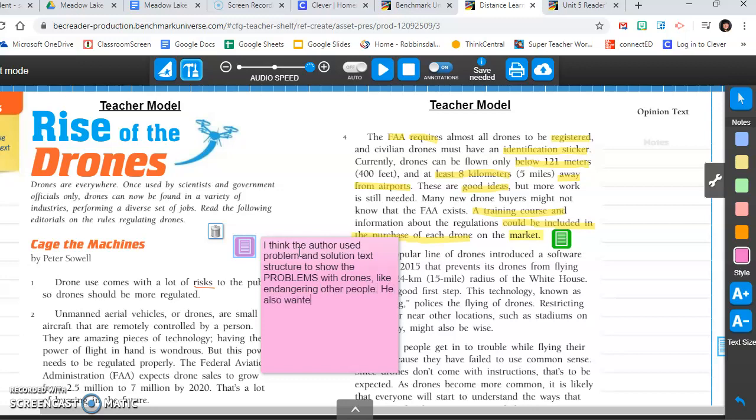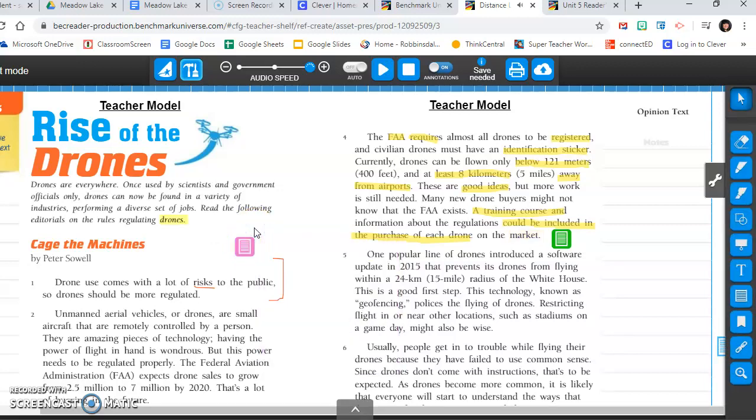He also wanted to say that although the problems are being solved in some ways, we could do more, like provide drone training courses. So all this was me walking through my thinking. How can I identify the problem and solutions, and why do I think the author used them?